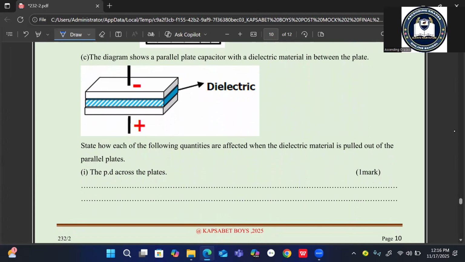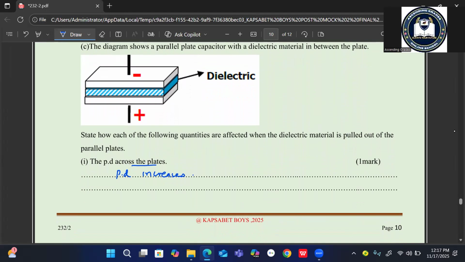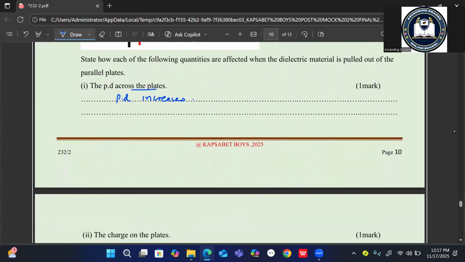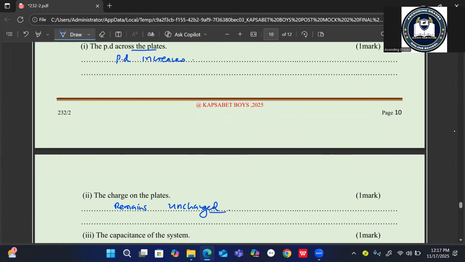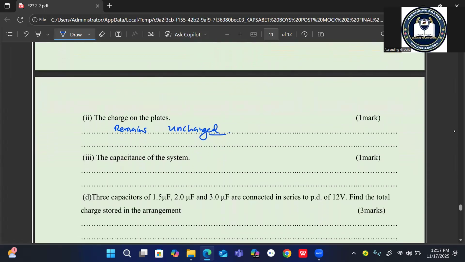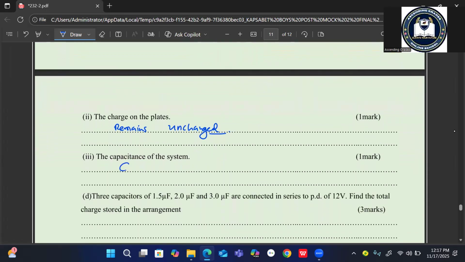The potential difference across the plates increases when the dielectric material is pulled out. The charge on the plates remains unchanged. The capacitance of the system decreases.